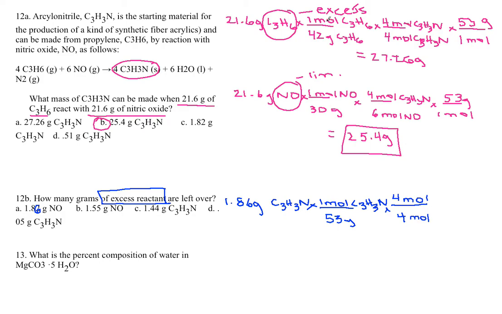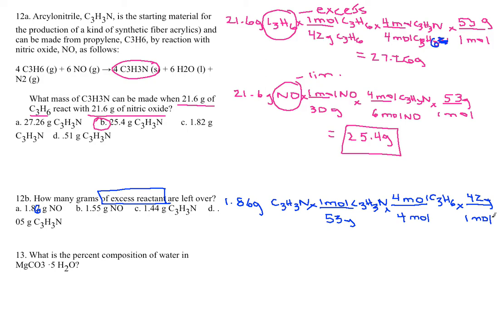Ooh, I messed up right here. I'm just noticing this right now. Sorry, guys. This C3H6, that should have been, right? Sorry about that. So this should be C3H6 on top, and this is C3H3N, but I don't have space. You can write it. And this is 42 grams on top, and that's 1 mole on bottom.